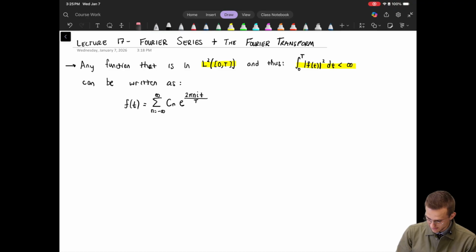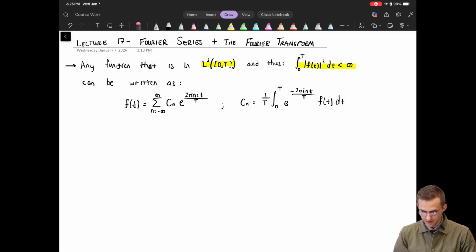Okay? And those coefficients can be calculated in the following way. Cn is equal to 1 over T times the integral from 0 to T of e to the minus 2 pi imaginary unit i n t over T times f of t dt.